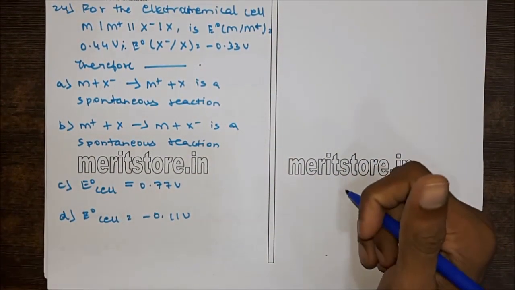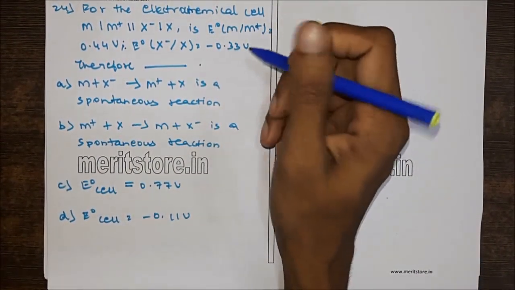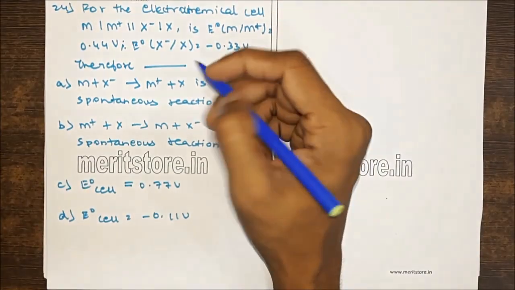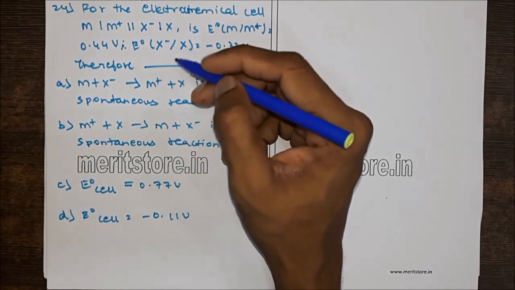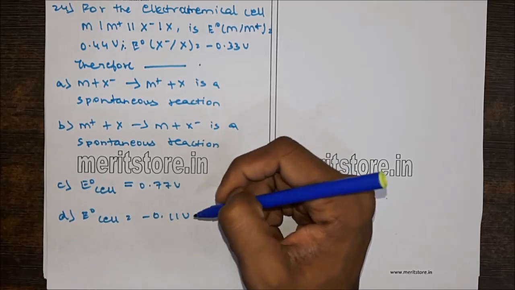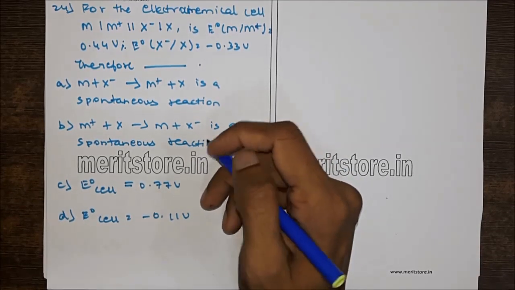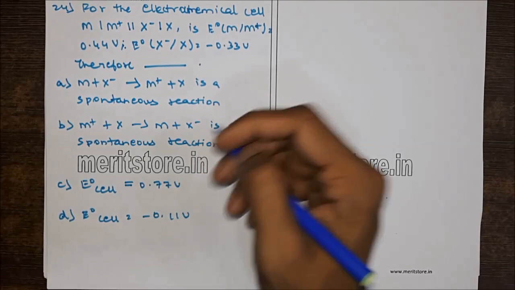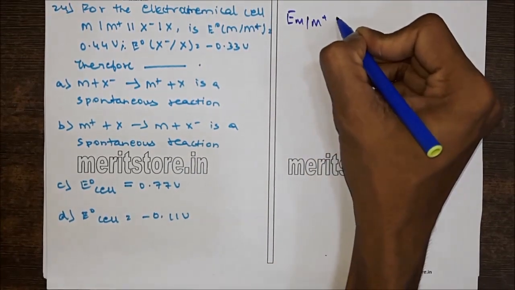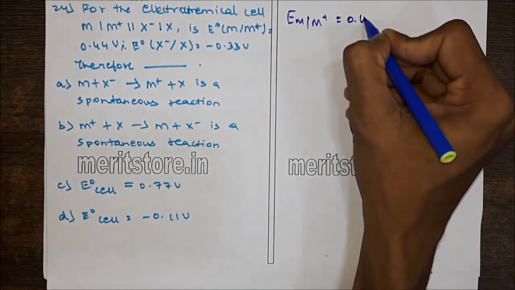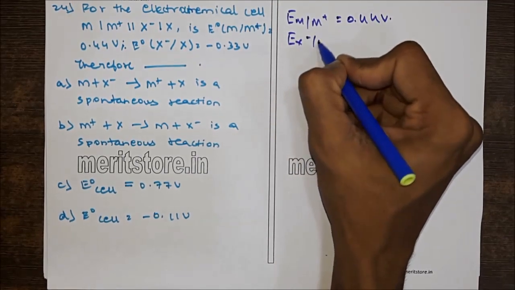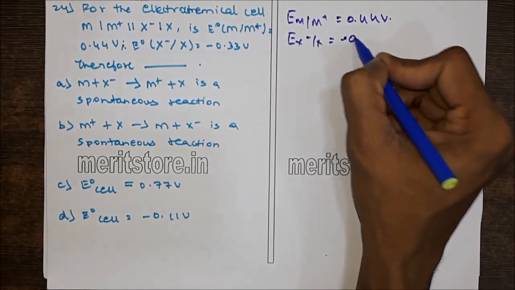Question 24, for the electrochemical cell given over here, we are given 4 options. 2 of them are reasons and 2 of them are values of E cell. So we see that EM of M plus is equal to 0.44 volt, and for EX we have minus 0.33 volt.